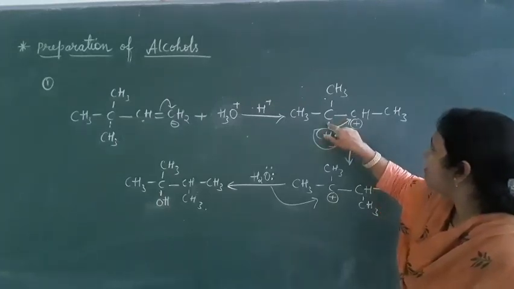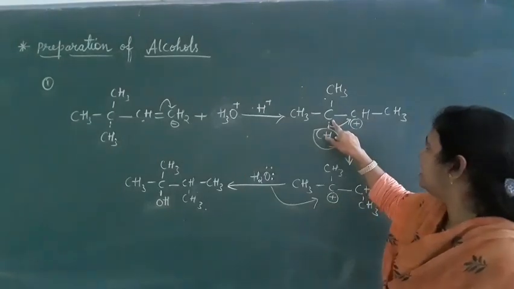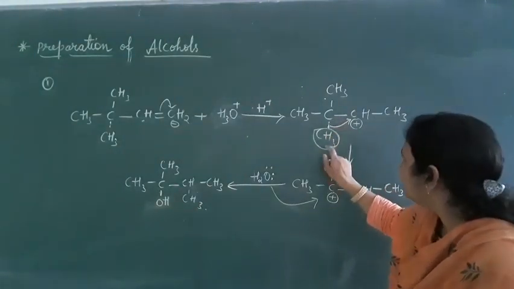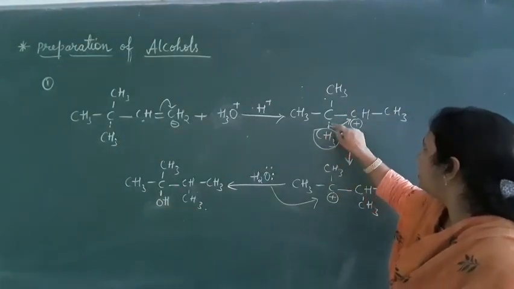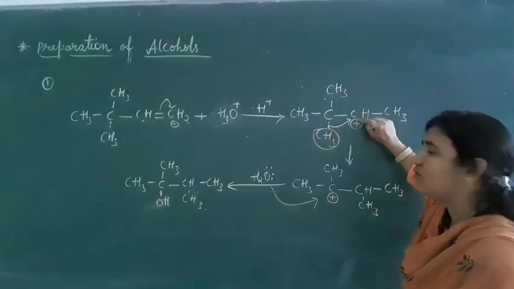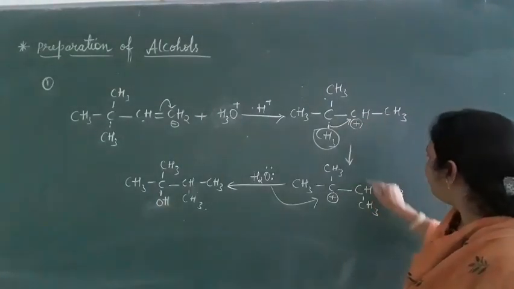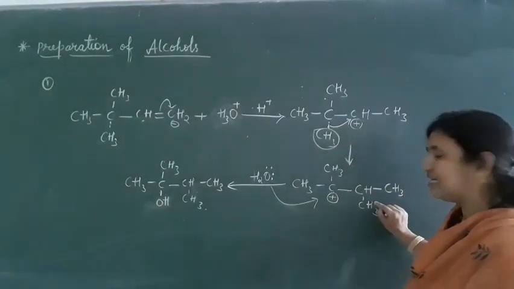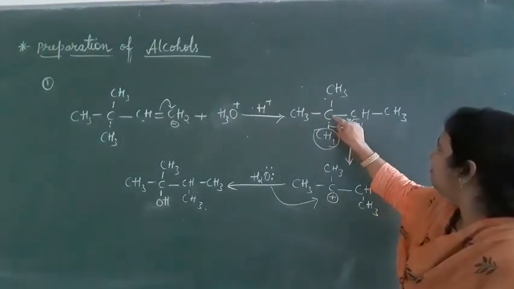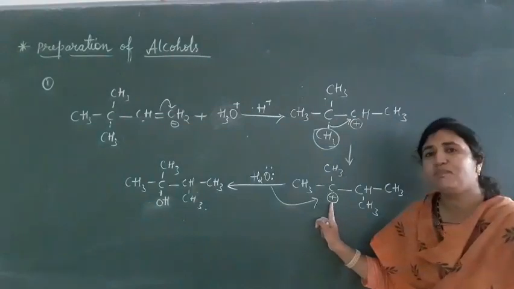But beside that carbon we have the possibility of a tertiary carbocation, we can make it a tertiary carbocation. In this case, this methyl group will take its 2 electrons along and attack this carbocation, so the methyl group shifts to this carbon. Now this carbon's 2 electrons have gone, so it will take a positive charge.